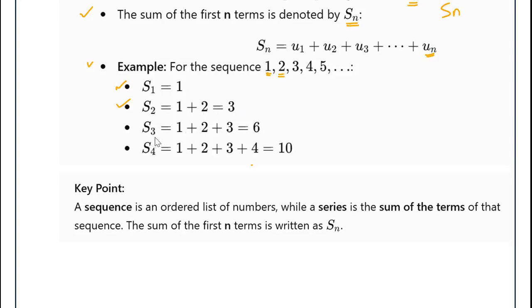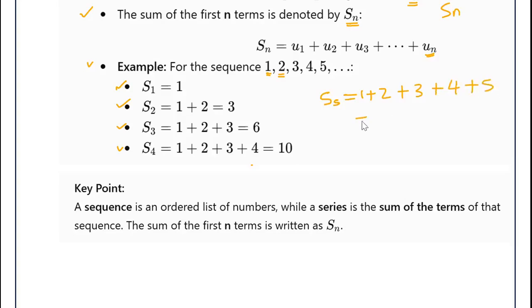And the sum of the first three terms becomes 1 plus 2 plus 3, and it gives us 6. Those are the first three terms. And finally, for this example, the sum of the first four terms, you just get the first four terms and add them. 1 plus 2 plus 3 plus 4, and it gives you 10. Even if you are looking for the sum of the first 5 terms, S5, it becomes 1 plus 2 plus 3 plus 4 and then plus 5.